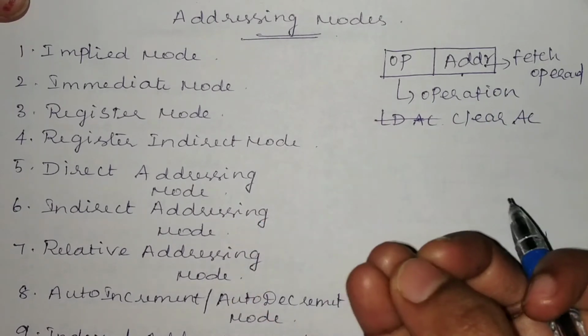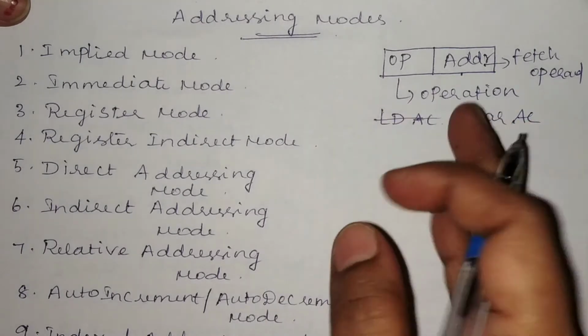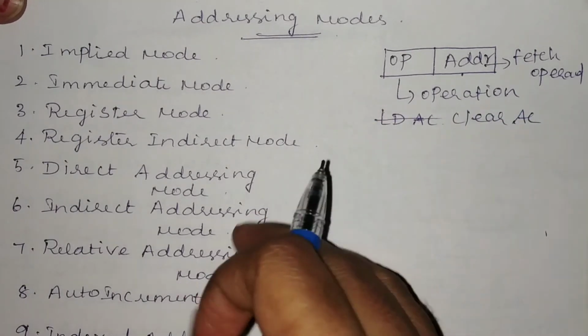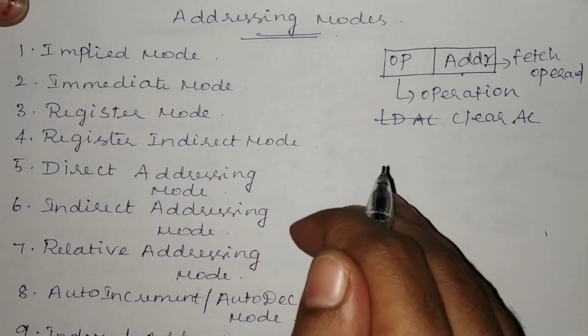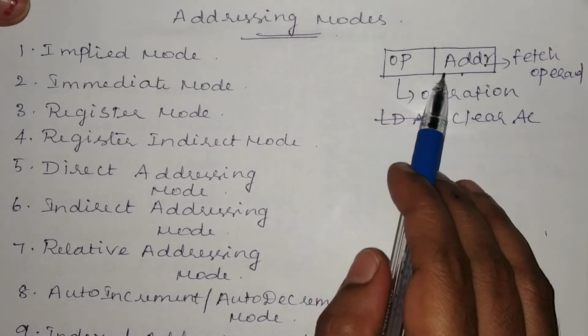Such instructions are nothing but zero address instructions, and some other instructions need only one field to represent the address, which are one address instructions.